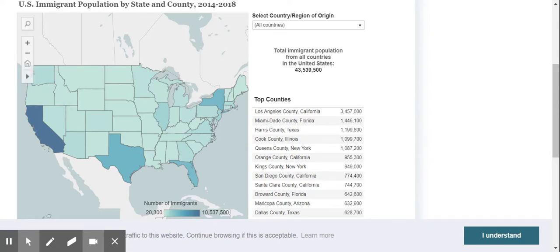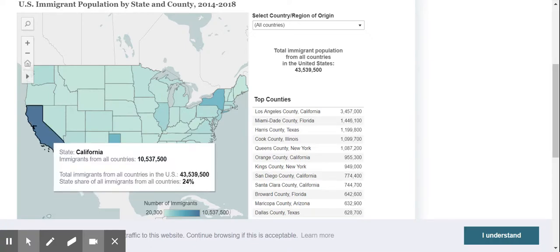So what I'm asking you guys to do is to interpret these maps and give me a statement about each of these maps and tell me who would find this map useful, who would use it. For this map, if the darker blue means that a state has more immigrants, then I might make a statement that California has the most immigrants out of any state in the United States.